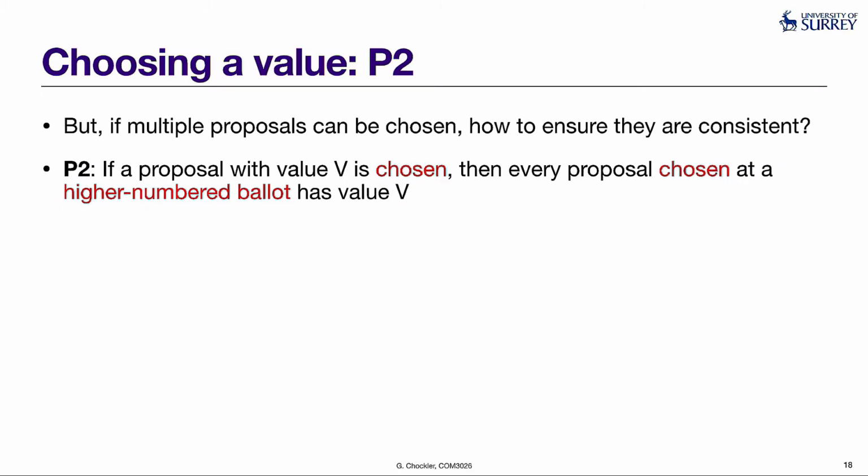Of course this property P2 is nice and simple, but the problem is that it is not clear how we can guarantee this property in a distributed system. We need to somehow translate this condition into code which can be executed by a distributed collection of processes, right?